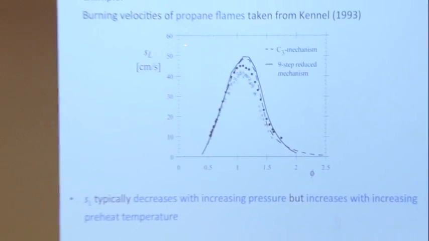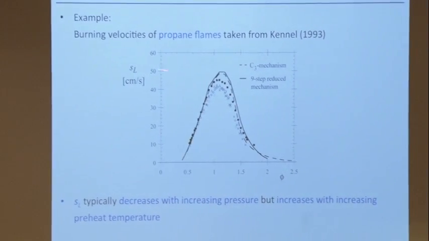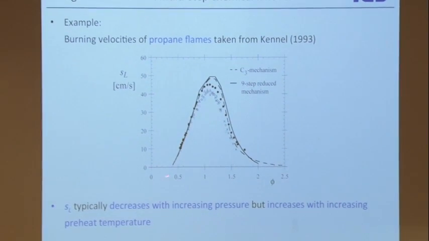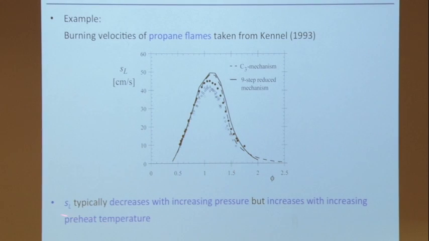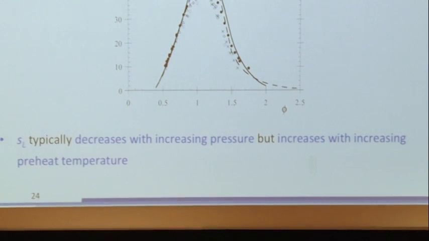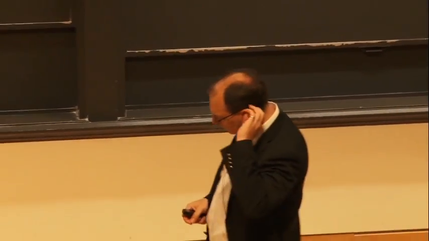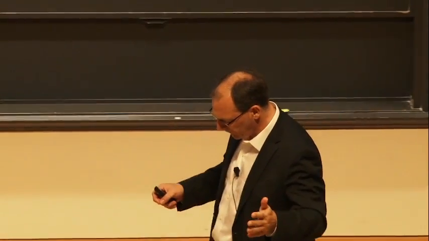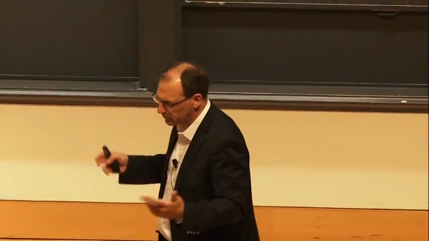Okay, there's another example here. Propane, you see you get different values, but it looks quite similar in a way. Typically, the burning velocity decreases with increasing pressure. It's very simple to imagine why, because let's say a flame burns a certain mass per time.